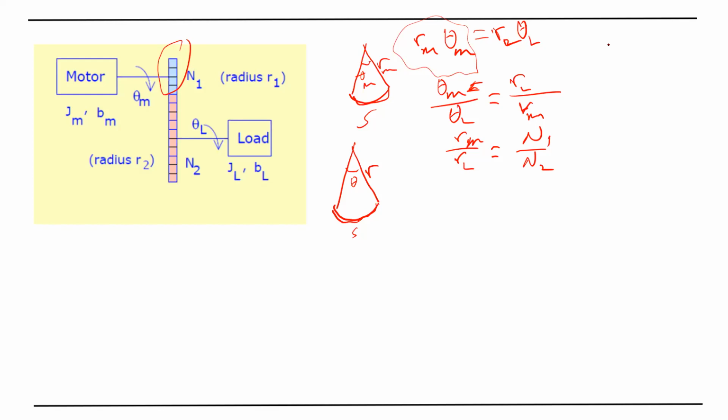The work in gear 1 is going to be Tm theta M, and on the other side, it is TL theta L. We are assuming in here there are no losses.